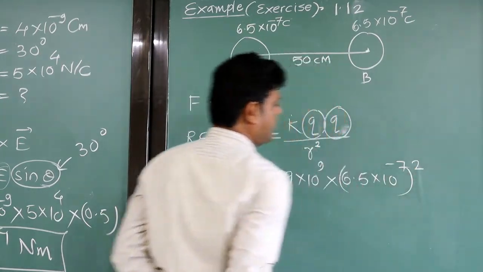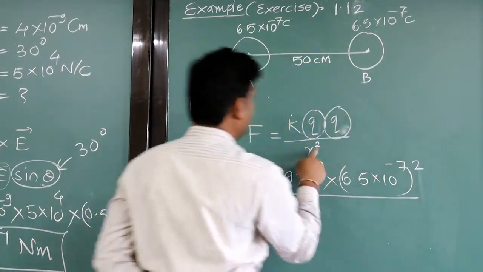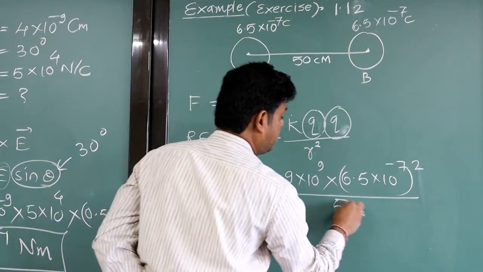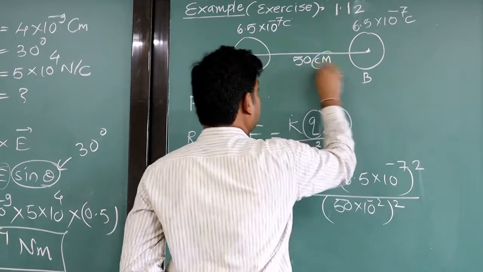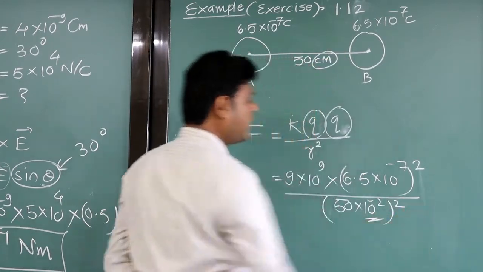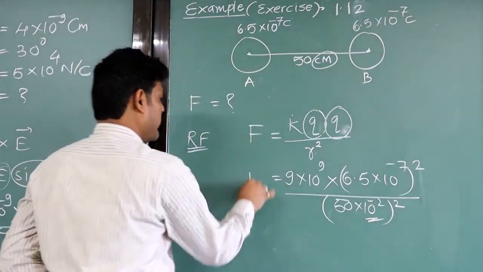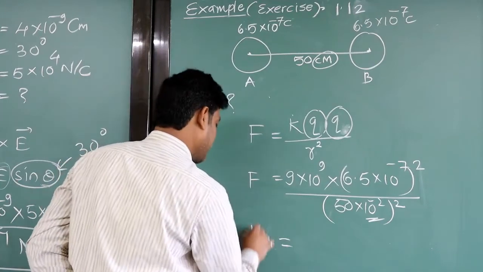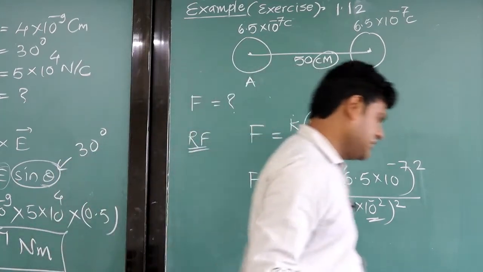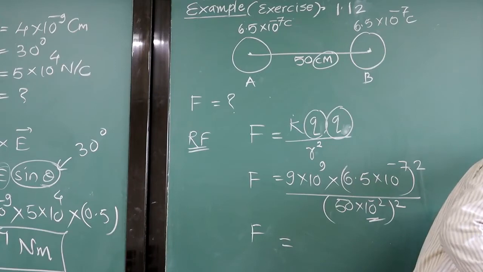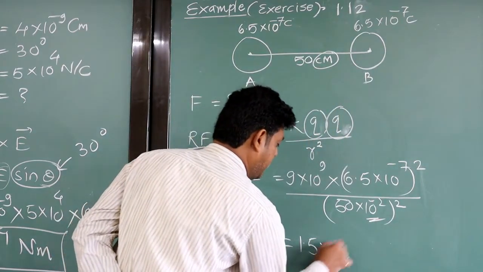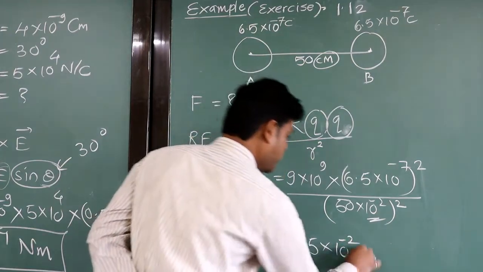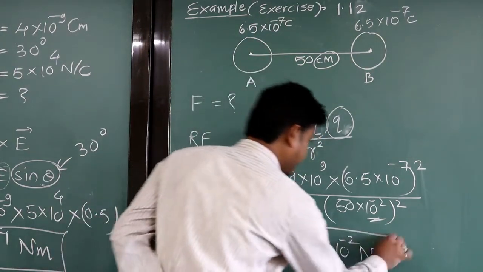Divided by R square, meaning 50 into 10 to the power minus 2, bracket square. It is in centimeter, so we have converted into meter. By making the calculation, you get F equal to 1.5 into 10 to the power minus 2 Newton is your answer.